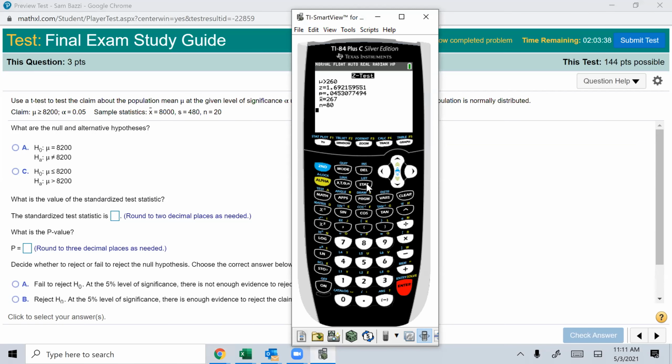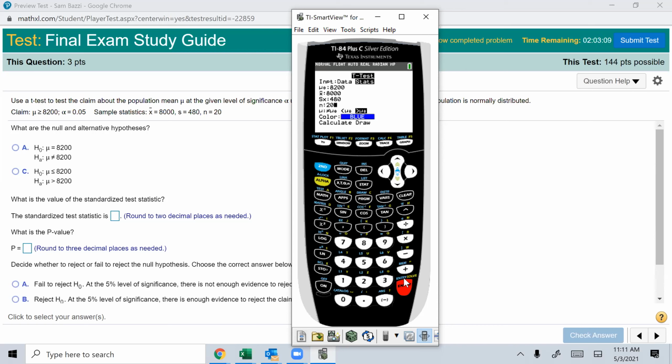So just go to stat. It's number 2. Okay, we're testing against 8200. X bar is 8000, guys. S is for, you see, it's S. It can't be a Z. It must be a T once they give you S. And N is 20.